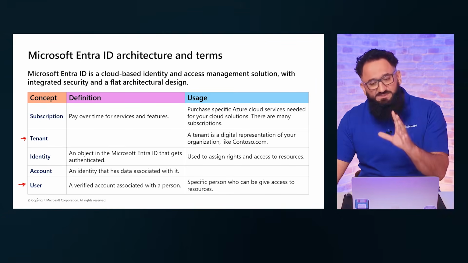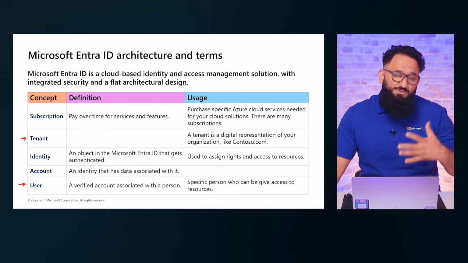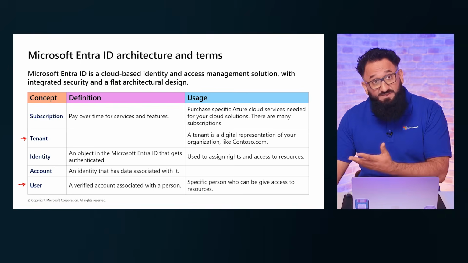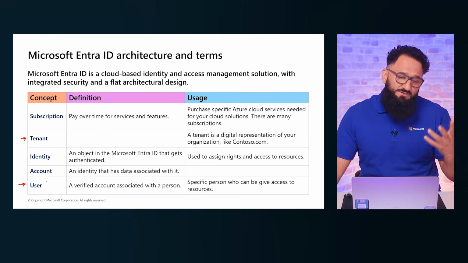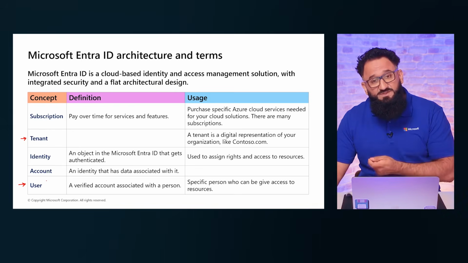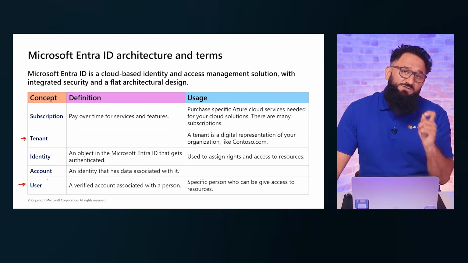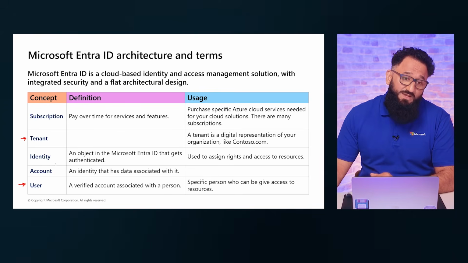In this case, to understand, a user is nothing more than an account that's associated to a person, and simply an identity that Entra ID uses to recognize or identify different resources. It uses that to identify a person, and we refer to that as a user account.